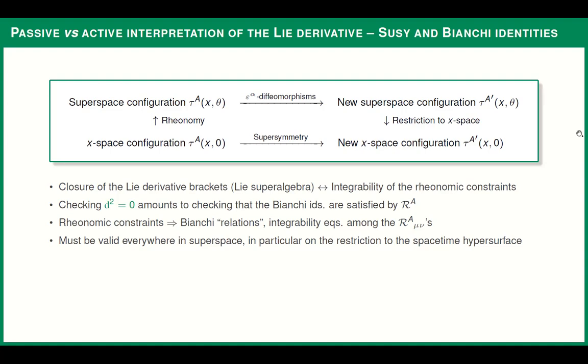Okay, can I ask? Yes. This procedure of getting a new configuration by lifting into superspace and doing some theta transformation, can you give some example? Is it just like a supersymmetry transformation? What would you change in X space? You mean this one?